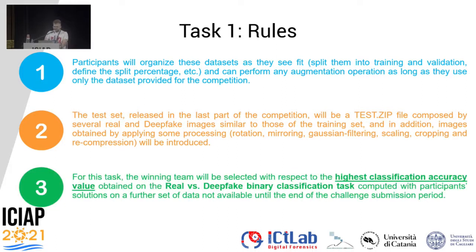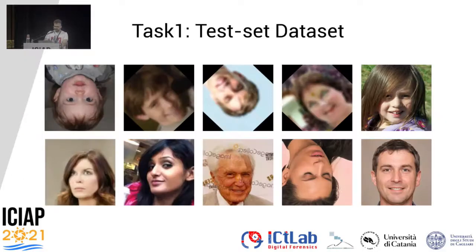For this task, the winning team will be selected with respect to the highest classification accuracy value obtained on the real versus deepfake classification task, computed with the participant solution on a further set of data not available until the end of the challenge submission period.